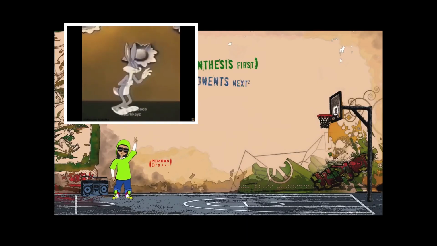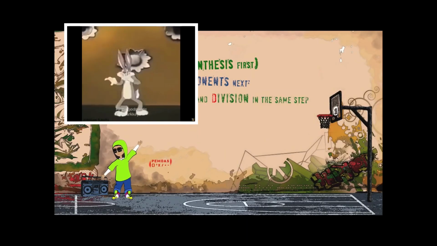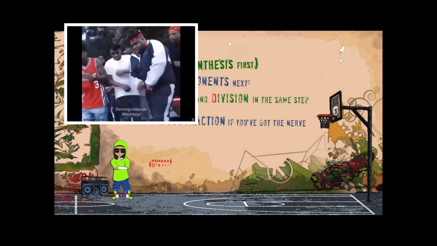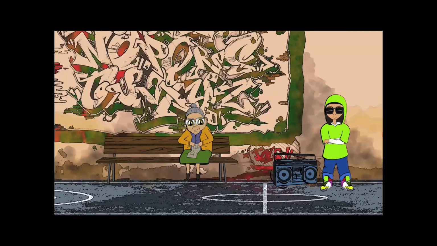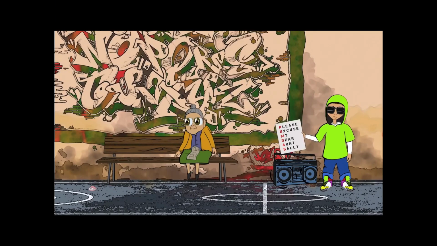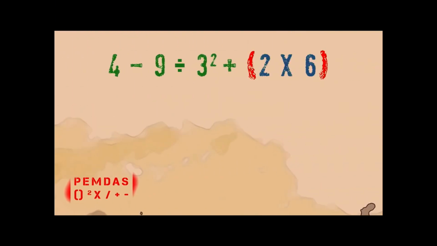Parentheses first, exponents next. Multiplication and division in the same step. Addition and subtraction, if you got the nerve. From left to right, first come, first serve. 2! Parentheses first, 2 times 6, the product's 12. Put it back in the mix. Exponents next, 3 squared is 9. When you know the tricks, it don't take much time.